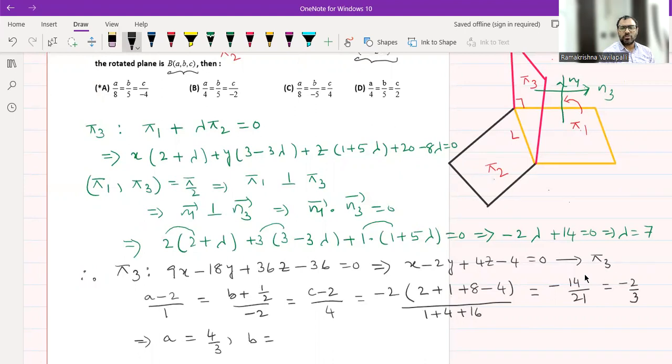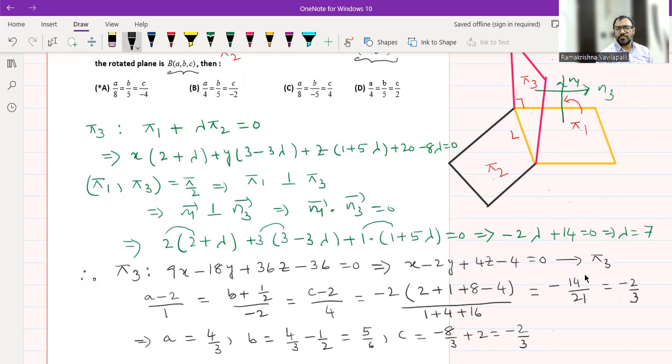Now B equal to 4 by 3 minus 1 by 2, which is 8 minus 3, 5 by 6. And C minus 2, so C equal to minus 8 by 3 plus 2, that's equal to minus 2 by 3.